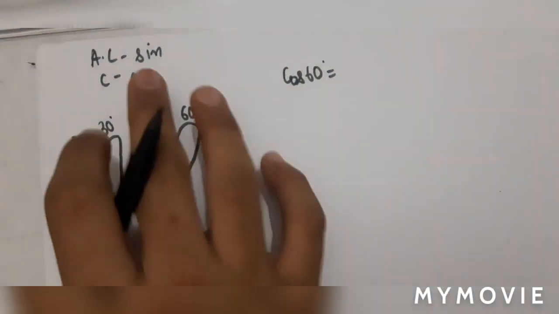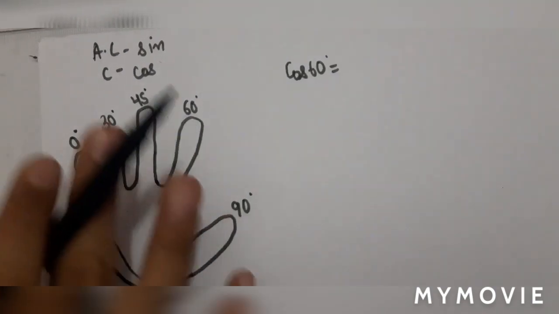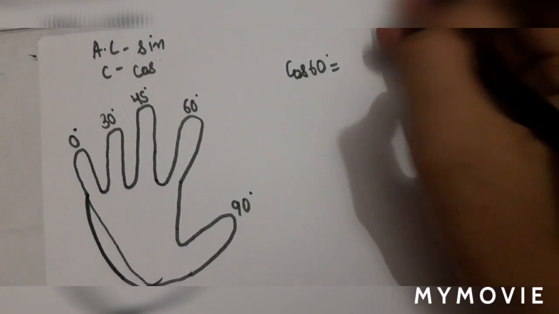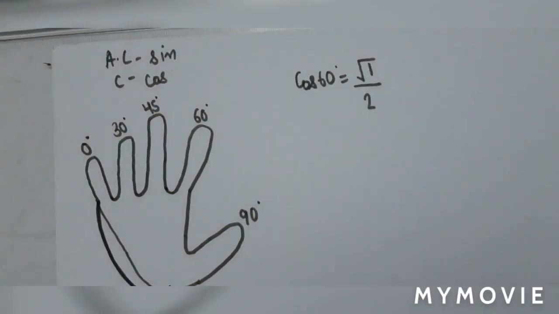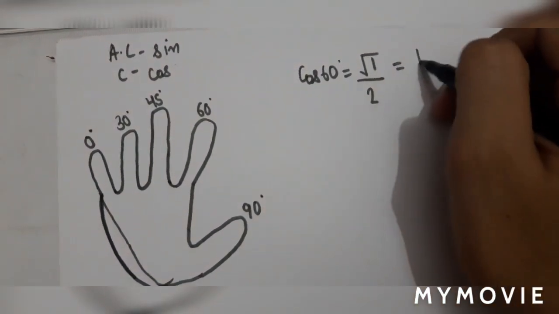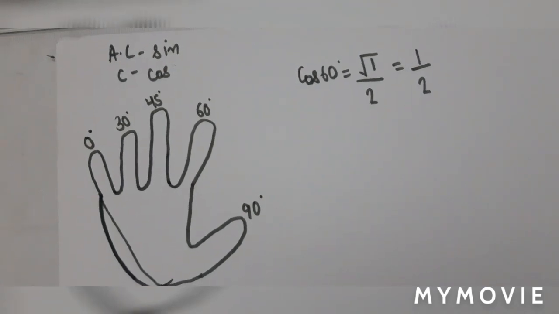I told you for cos we should go clockwise. So here 60 and now you should go this side. How many are remaining? Only 1 is remaining. So you should find out the root of 1 and divide it by 2. For cos also the same process. So root of 1 is 1 and by 2. So cos 60 value is 1 by 2.